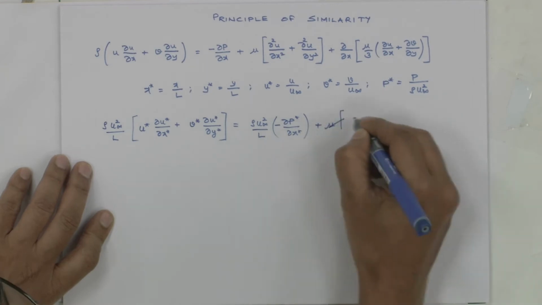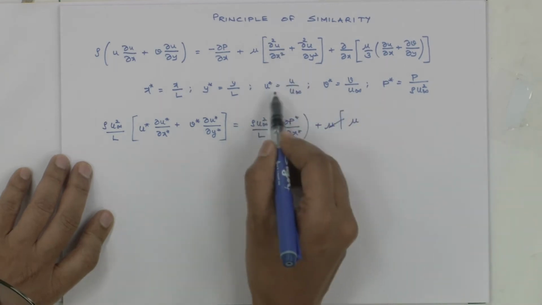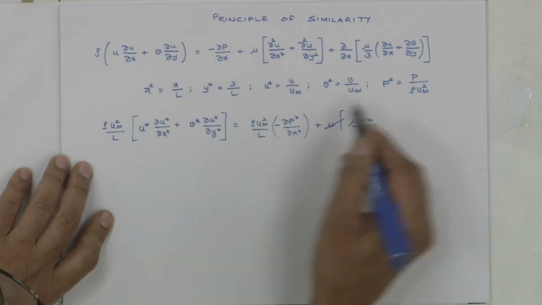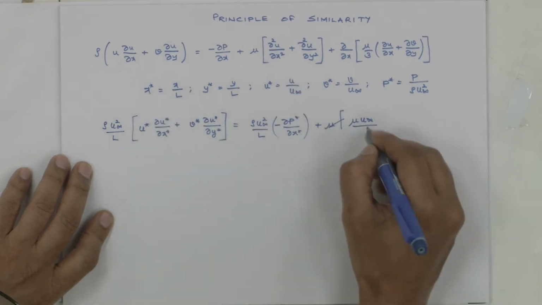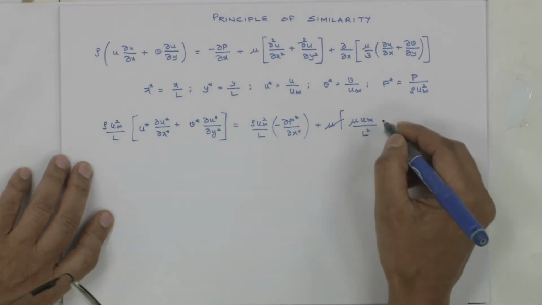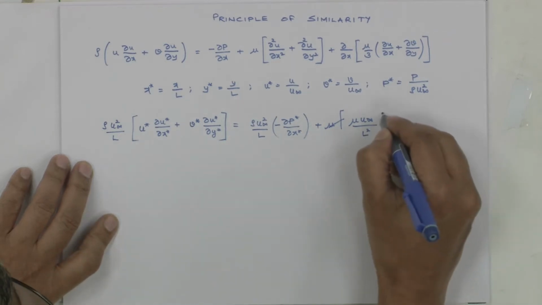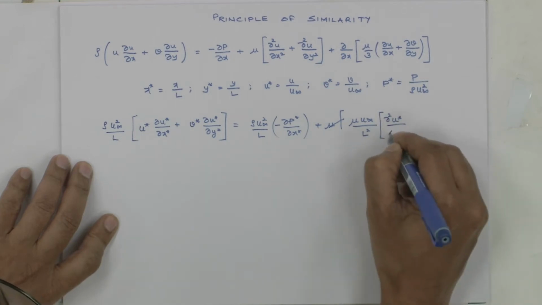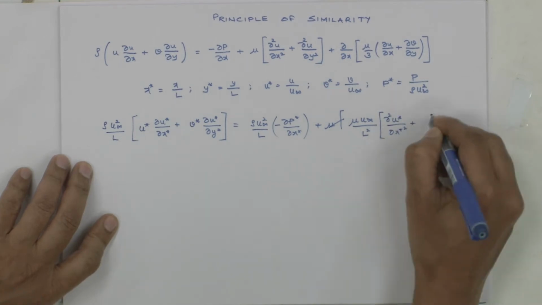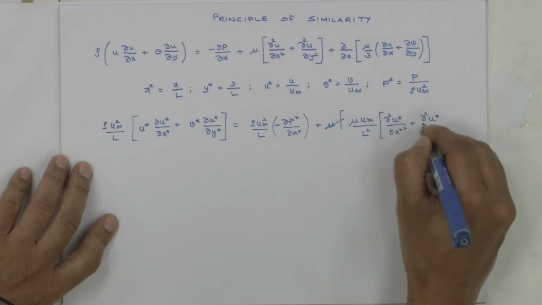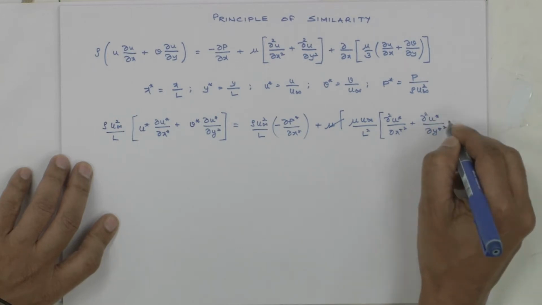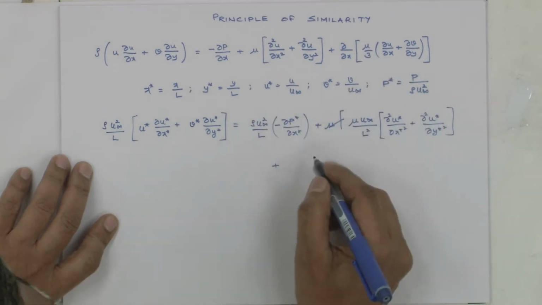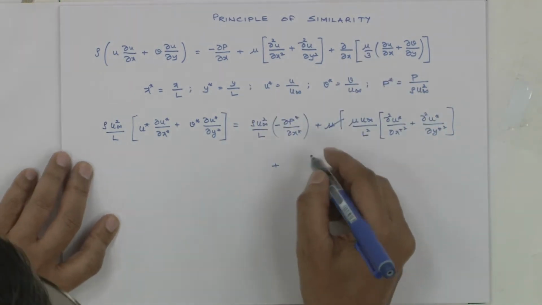Plus mu into, what is there for u? u star, that is u infinity upon x squared, so x star squared L squared. So you have mu u infinity by L squared into del squared u star upon del x star squared plus del squared u star upon del y star squared. Plus, let me pull out this mu because we have assumed that the viscosity is anyway constant.